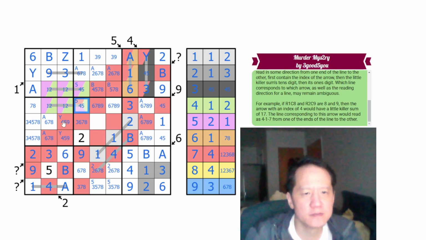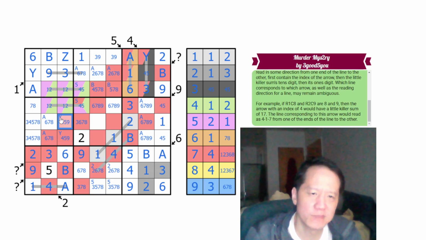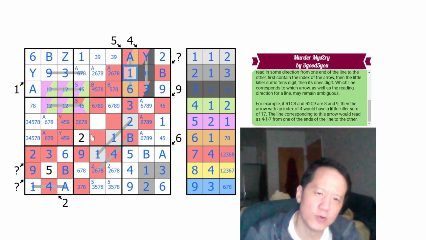Right. Can this be 4 or 5? Well, probably. If this is 54, this is 4, 1. So this is, I think, the only one that could be 3, if that's the case. Right, because this adds up to at most 2, 8, 9.